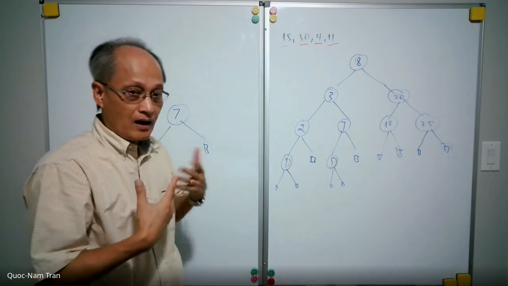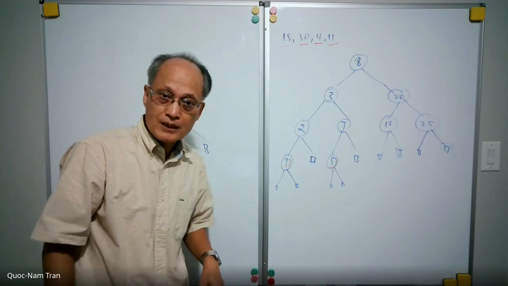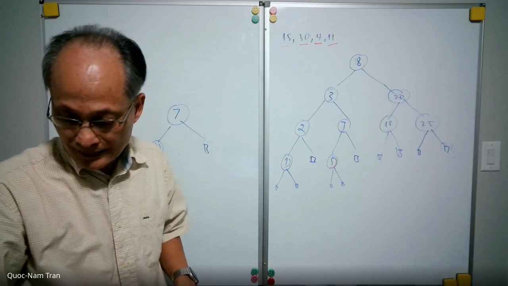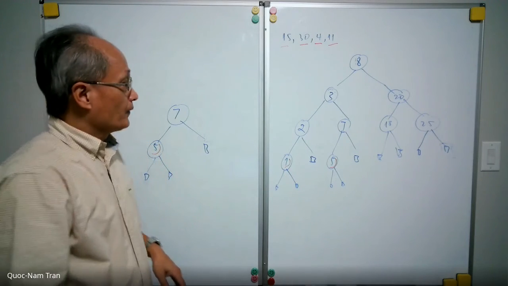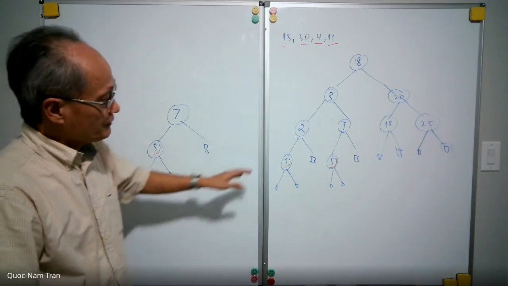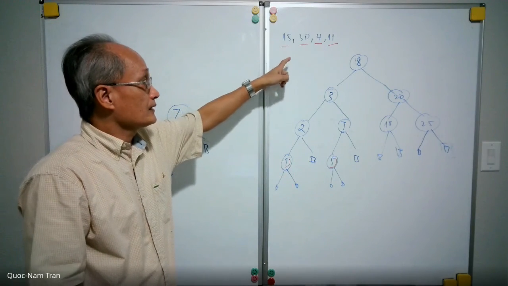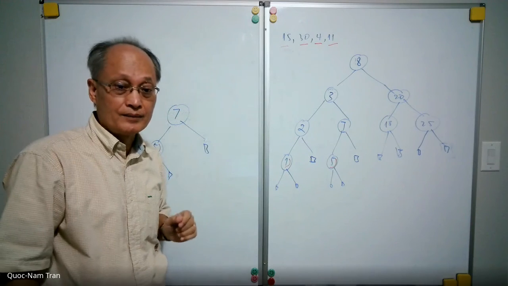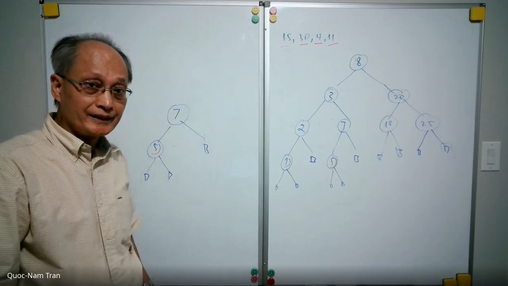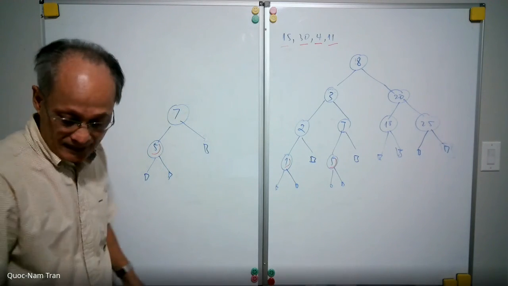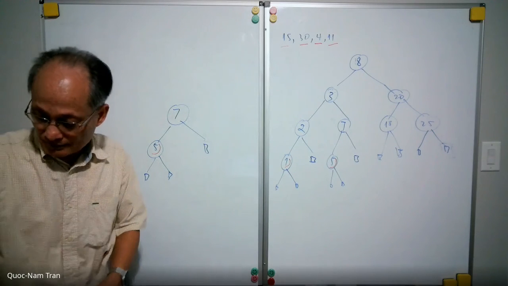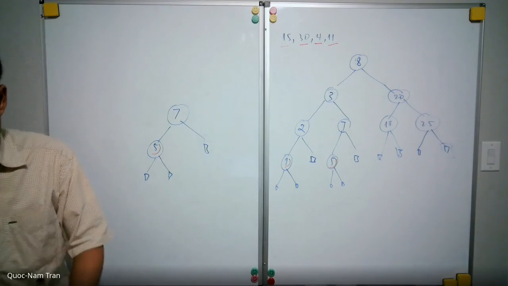So the overall cost is big O(log n), as we already learned. Okay, so here is the final result after we remove 15, 30, 4, and 11 from the original tree, okay? And that's it for the red-black tree.